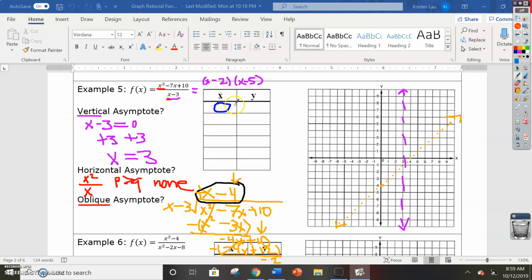So if I put 0 in for all of the x's, so that's 0 squared minus 7 times 0 plus 10, all over 0 minus 3. I guess I'll fix that little 2 there so it looks a little bit better.